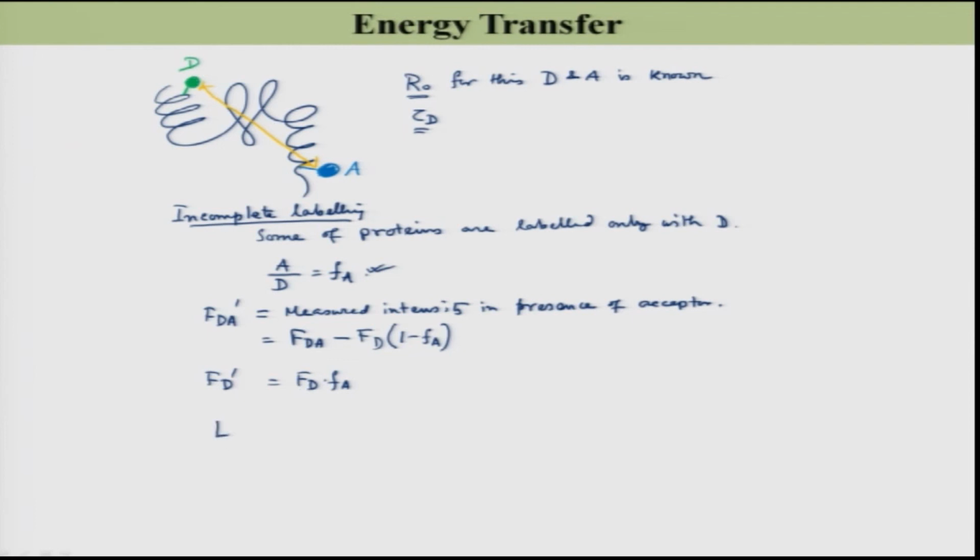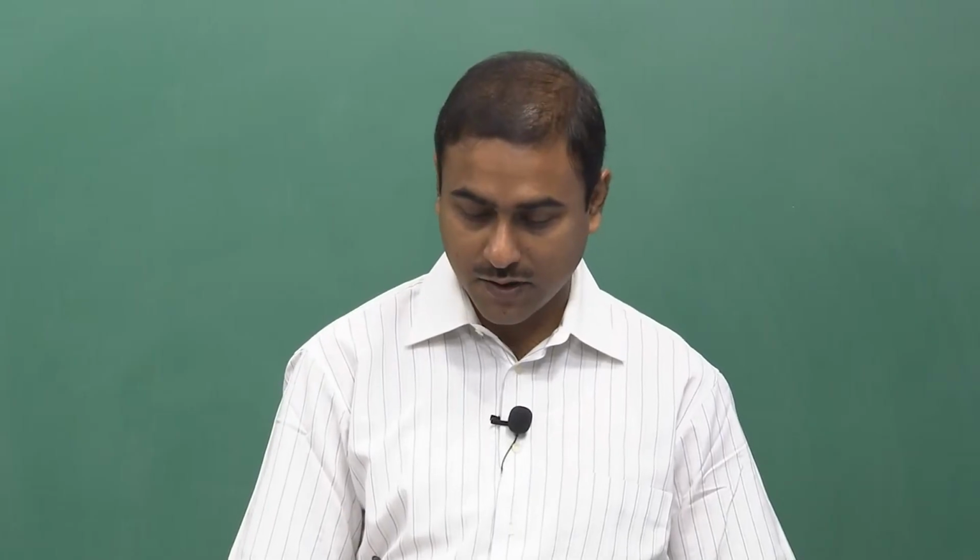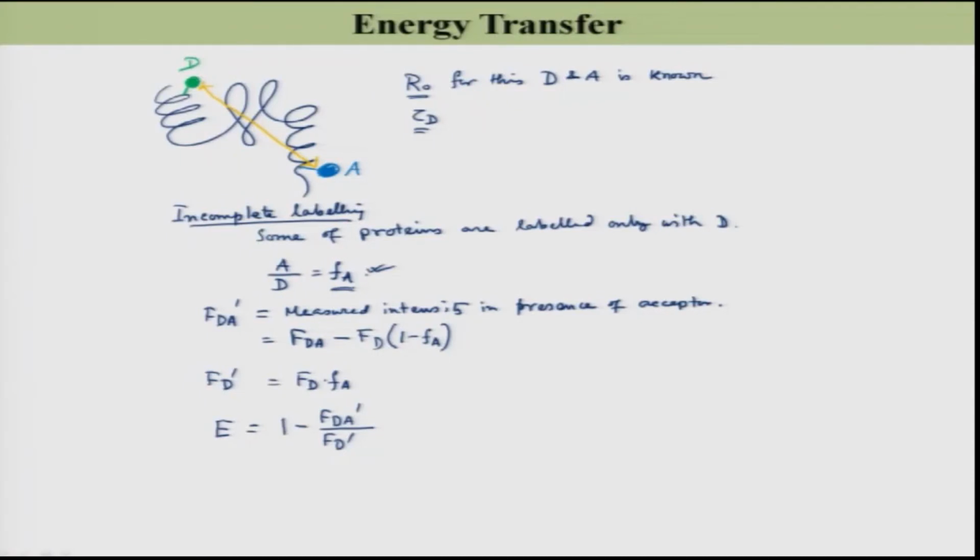So, the efficiency of energy transfer should be written as 1 minus F D A prime by F D prime, right. I do not measure F D A prime and F D prime. What I measure is F D A and F D, that is it. I do not know F D A prime and F D prime, but somehow if I know this quantity F A, then only it is possible for me.